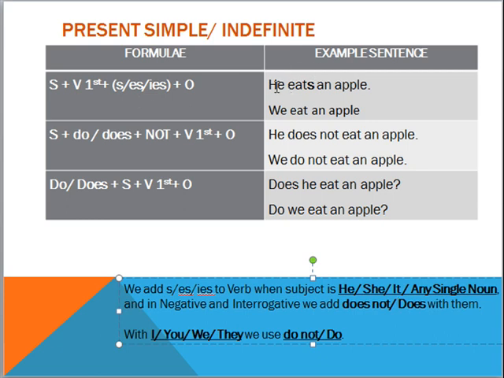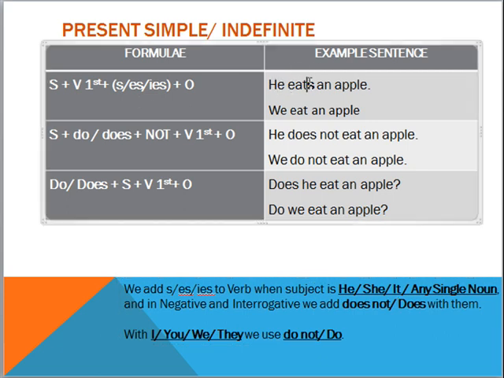The example sentences are: he eats an apple. Here we have added S. But with we, we didn't add anything: we eat an apple. Likewise in negative: subject, do or does, then not, verb's first form, object. Do we put with I, you, we, they, and does we put with he, she, it, or any singular noun.